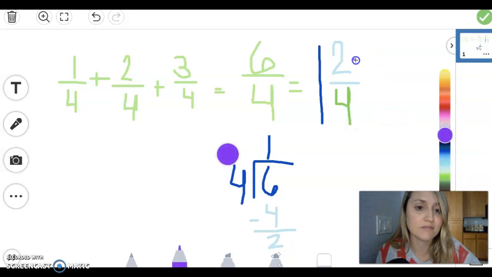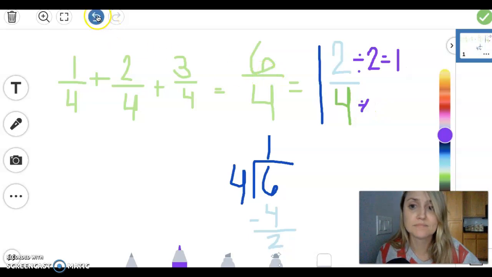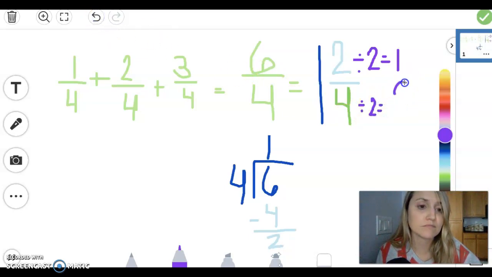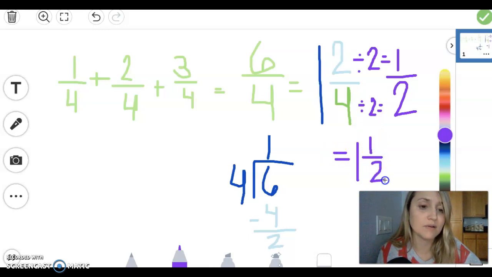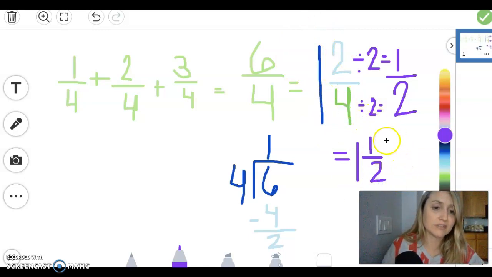And then you just have to break it down a little bit. Okay, so your answer would be 1 1/2. And one thing I want to point out too is don't forget your whole number, because then it would change your whole answer there. Okay? So that would be your answer there.